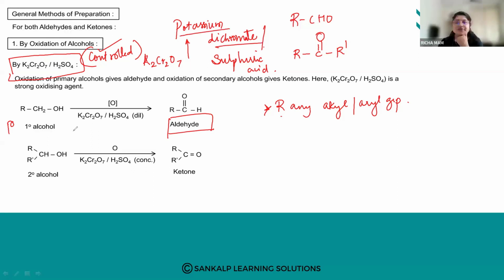It will remove hydrogens and add oxygen, which results in an aldehyde. You can see that H2 is removed and there is only RCHO. So if you take a primary alcohol and do a controlled oxidation using an oxidizing agent such as potassium dichromate in the presence of sulfuric acid, you will obtain the aldehyde.